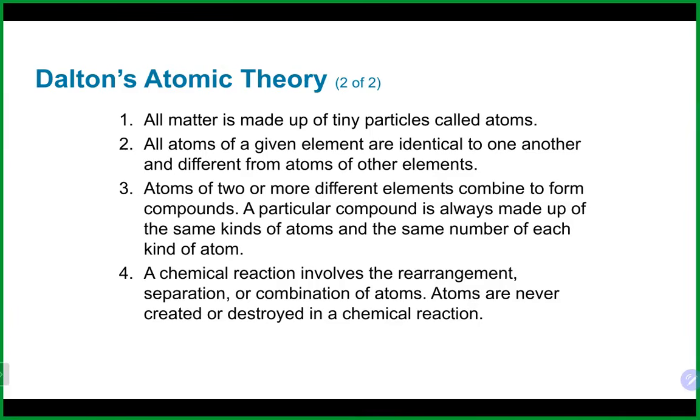There are some parts of this that were found to be incorrect. One of the major things found to be incorrect is that atoms are indestructible. Nuclear chemistry means you could change an atom. The other one is that all atoms of a given element are identical to each other. The existence of isotopes disproved that.